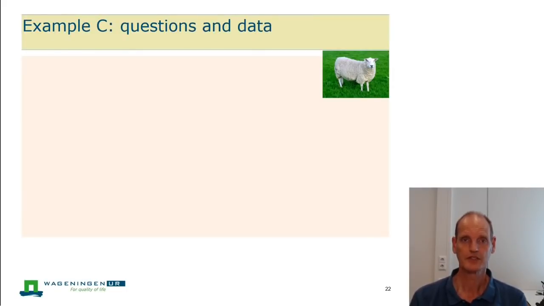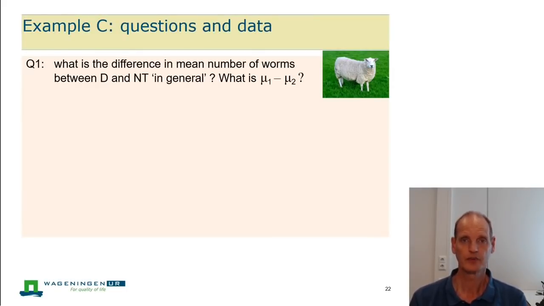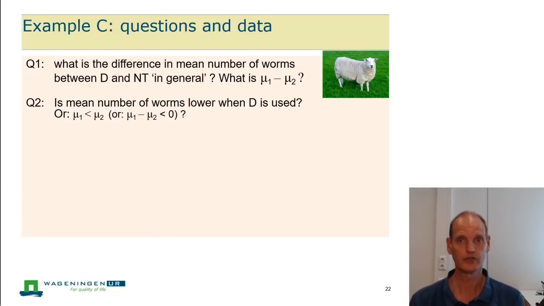Well, the questions. The first question, what is the difference in mean number of worms between drug and no treatment? And then in general, so in the population. In other words, what is mu1 minus mu2? The second question, a bit more specific.